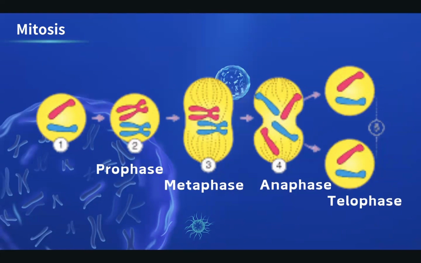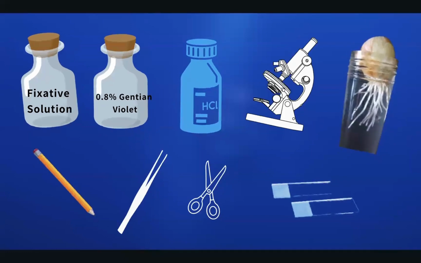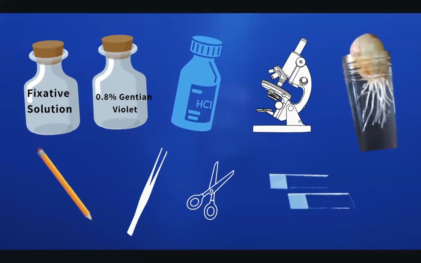After my brief explanation, do you want to explore more about the mitosis process and have a better observation under the microscope? Here is a simulated experiment. Here are some materials that we need to use in this experiment.